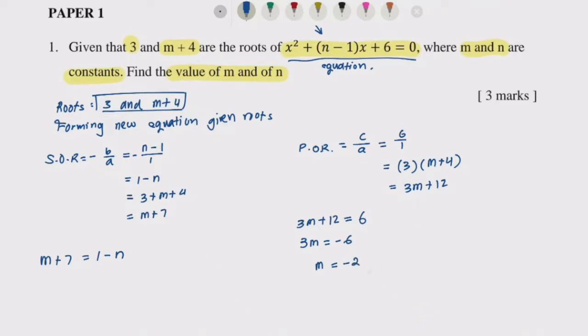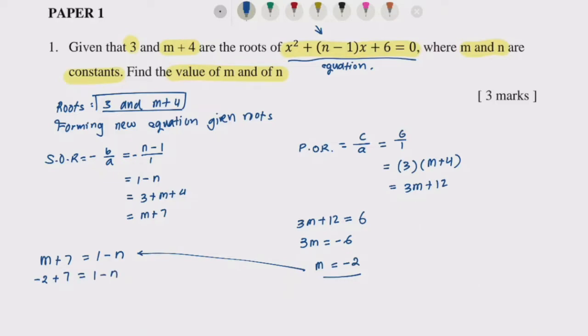When you have m equal to negative 2, you can substitute into the other equation you have found earlier. So substitute m with negative 2, then negative 2 plus 7 equals 1 minus n.